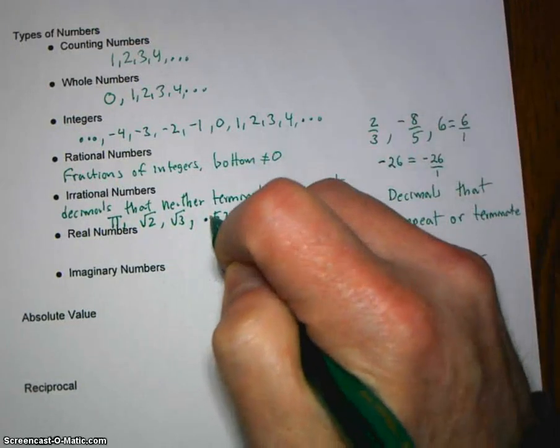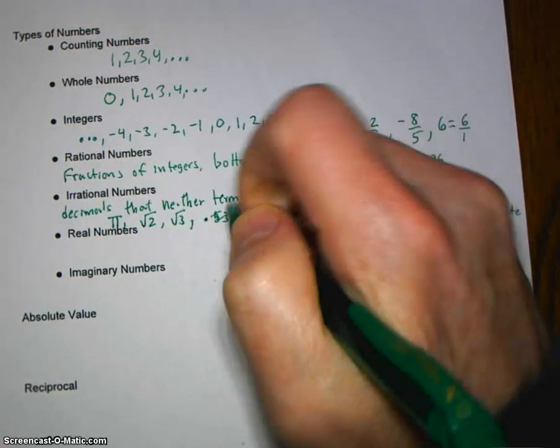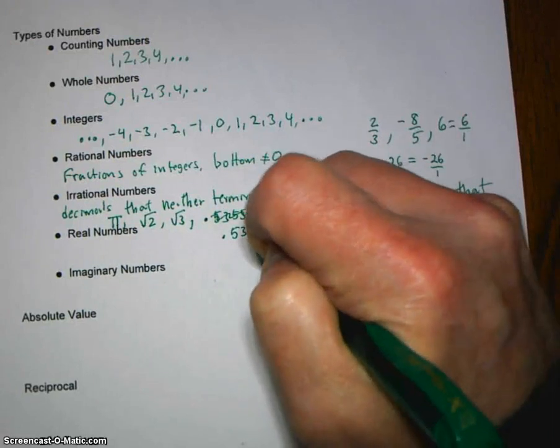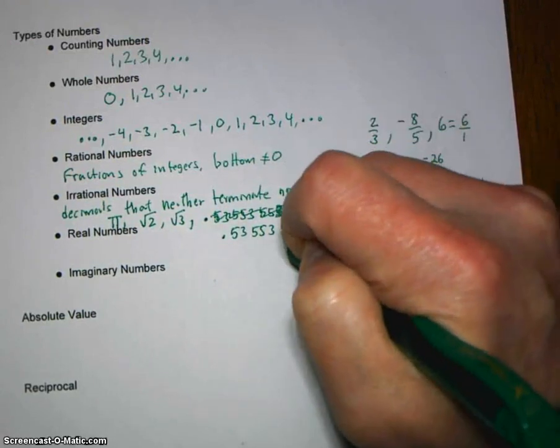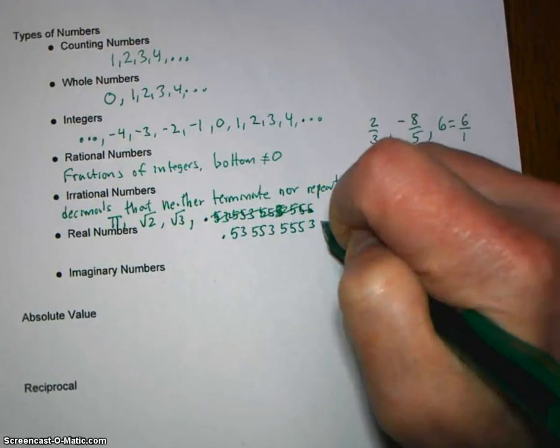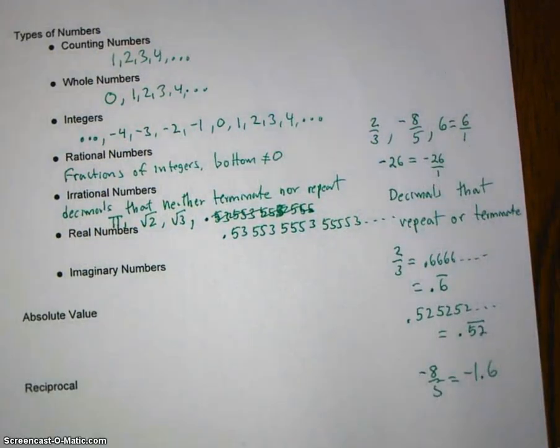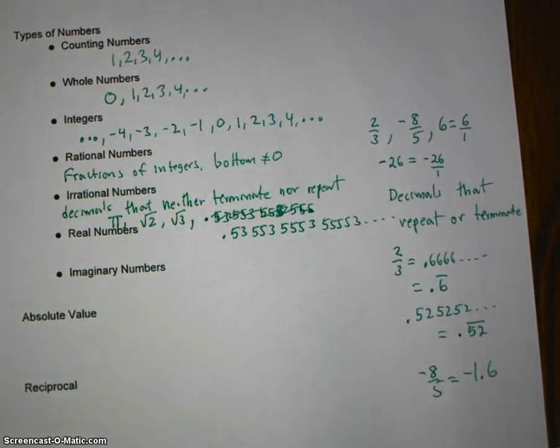Let me try that again. 0.53, 553, 5553. 4 5s and a 3. Dot, dot, dot. So this is an irrational number, but it's one that I like because it has a pattern at least. You can see what's going on.